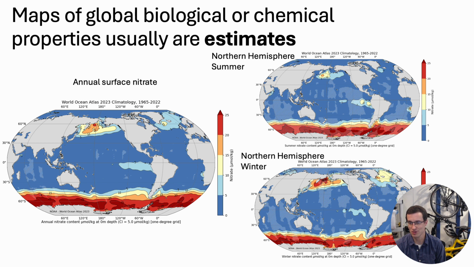These are areas where they don't have high confidence because there's not a lot of measurements. There's a lot of interpolation. And so anytime you see a map of global biological or chemical properties, you're looking at estimates. Maybe they're very good estimates, maybe they're not, but this is an ongoing field, which is essentially how do you map the existing observations that you have.